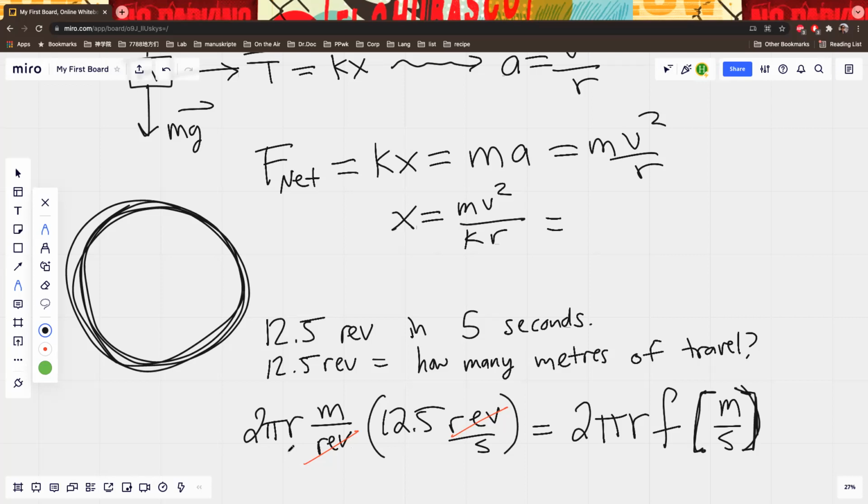So if I'm doing 2.5 revolutions per second, then I'm doing 2 pi r times 2.5 meters per second. Okay. So m times 2 pi r times frequency squared all over kr.